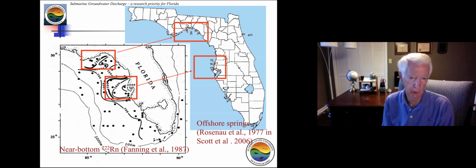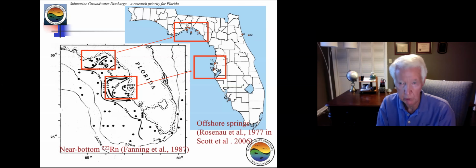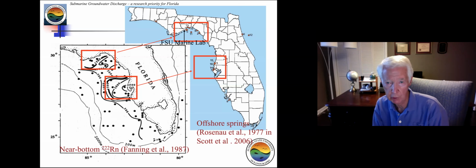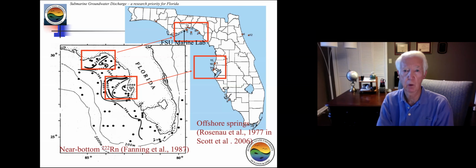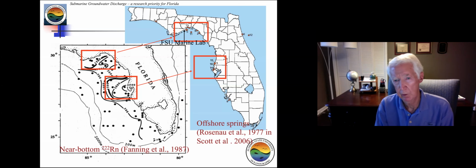So we propose that the high near bottom radon in these two areas in the Gulf of Mexico were due to groundwater discharge, an expression of these offshore springs. The FSU Marine Lab is just within that northern hot zone, just a little bit to the west of where the springs are.